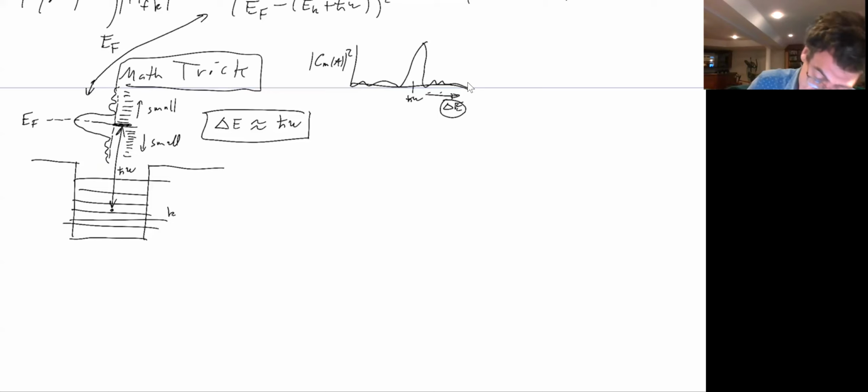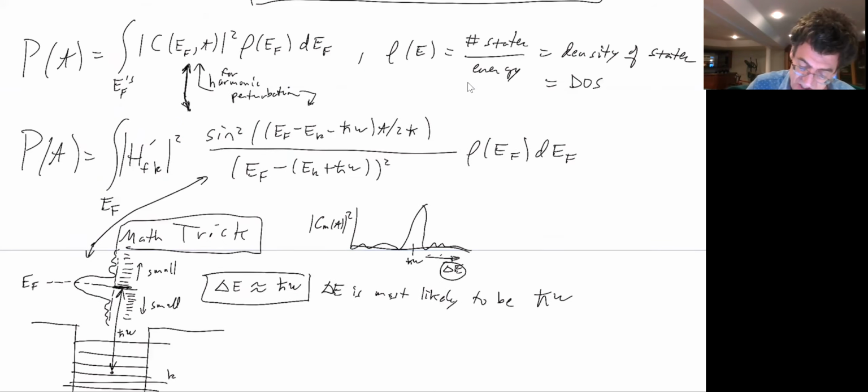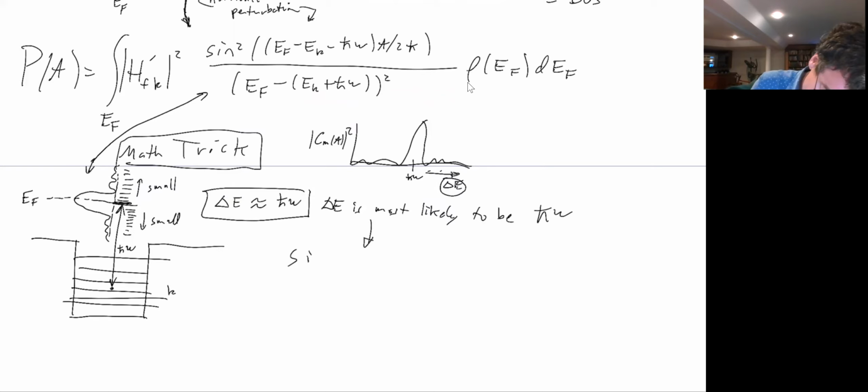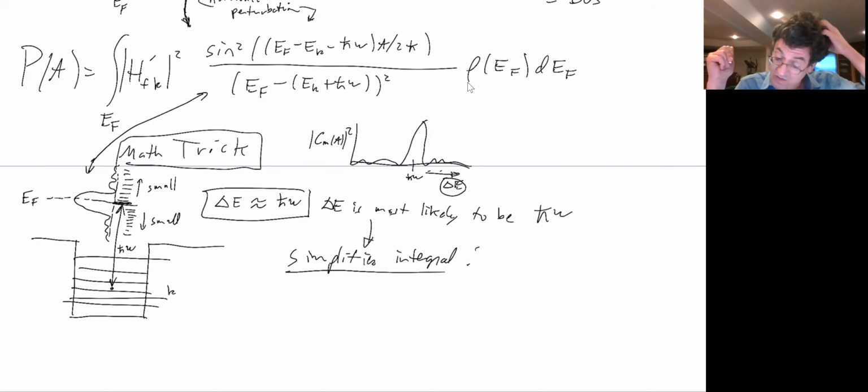And so I could just say that delta E is most likely to be h bar omega. The reason that's important is that it simplifies the integral. These two factors depend on the final energy: the density of states and the matrix element.